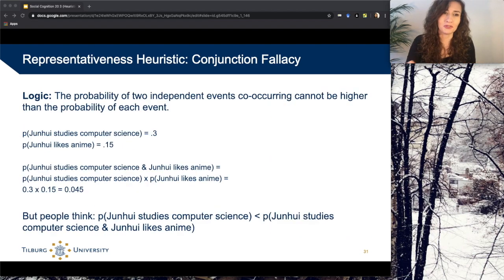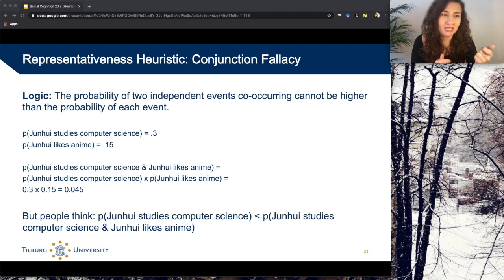The logic, of course, should be that the probability of 2 independent events co-occurring cannot be higher than the probability of each independent event on its own. So let's say the probability that Junhui studies computer science is 0.3, 30% probability. The probability that she likes anime is, let's say, 0.15, whatever.